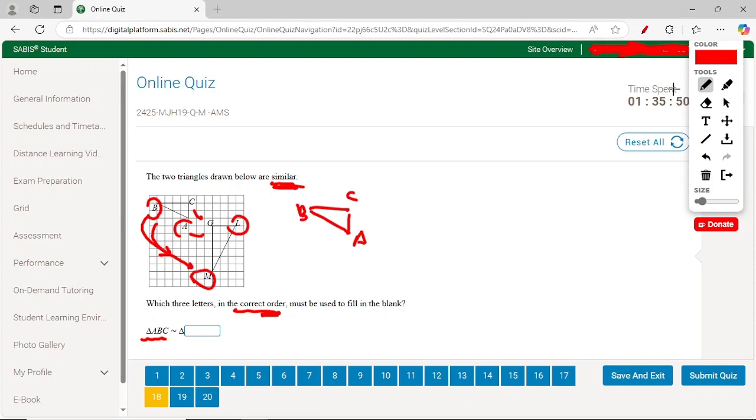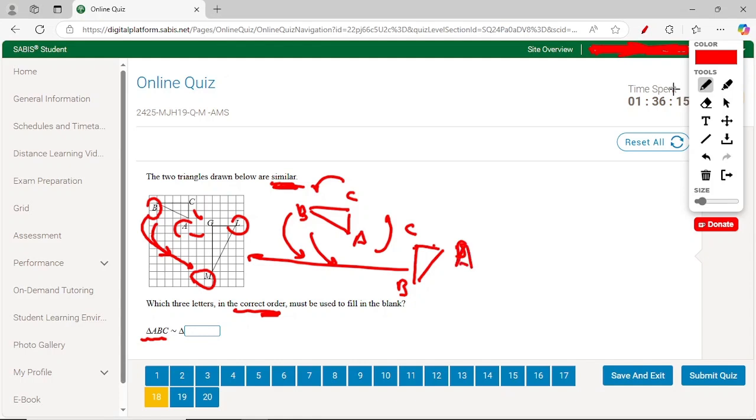If I rotate this triangle by 90 degrees counterclockwise, I will get this triangle. I move C this side, and B here, and A will be like this. So it will be similar to the same triangle here.